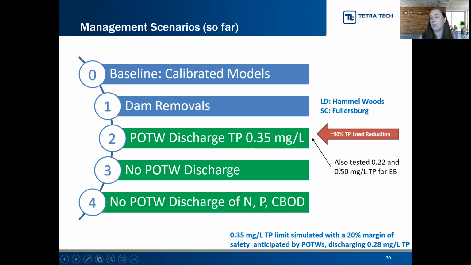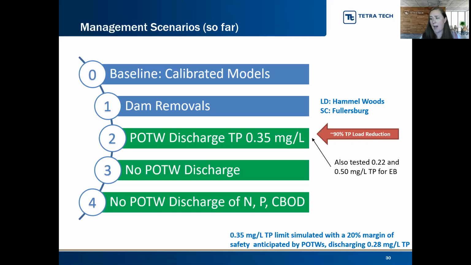We also looked at a concentration of 0.5 for total phosphorus coming from these plants, because we well understand, although economic considerations were not part of this model output, that the differences between those concentrations can be astronomical. So we're trying to be conscious of that when working with Dina and Stephen in developing these scenarios.